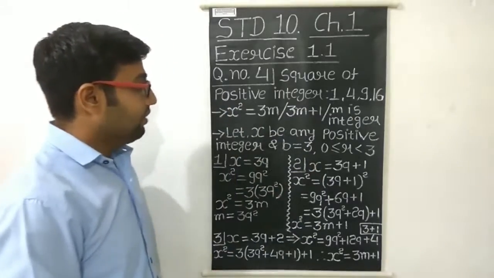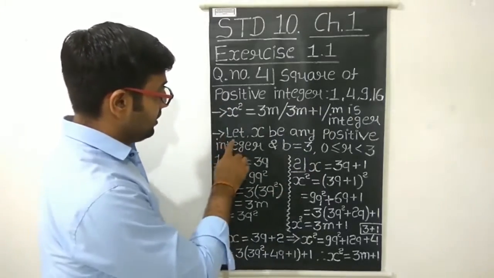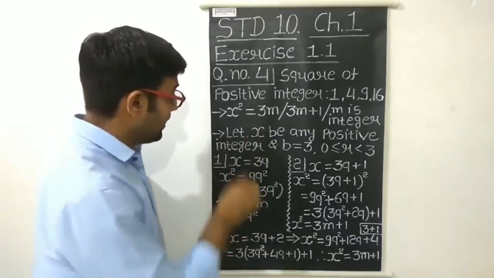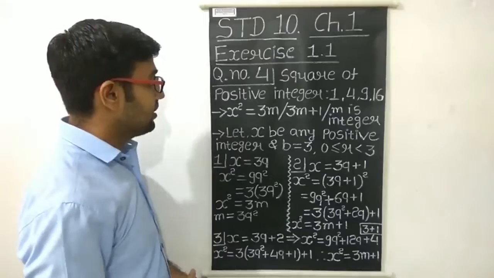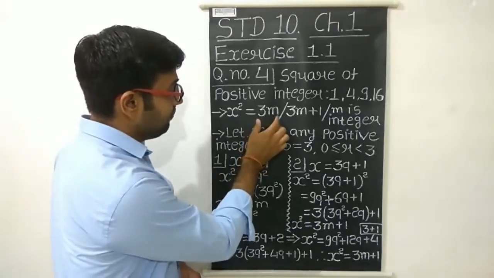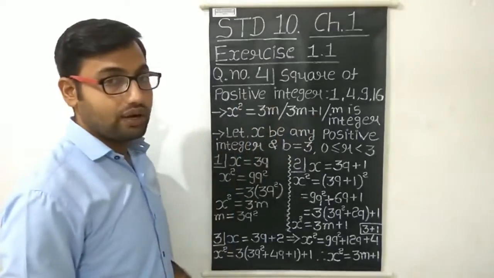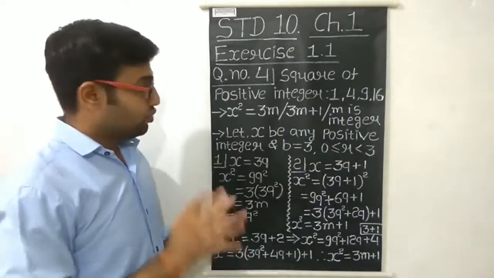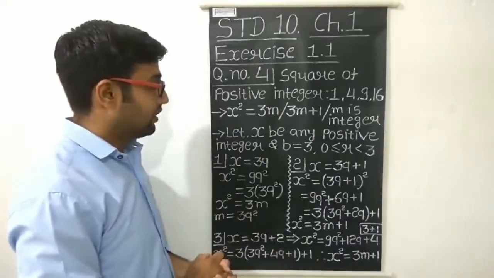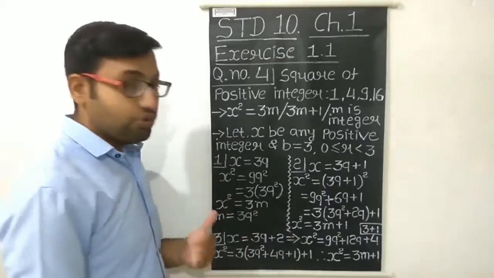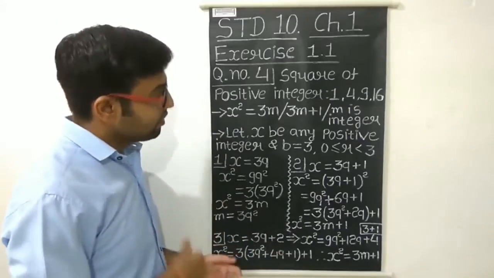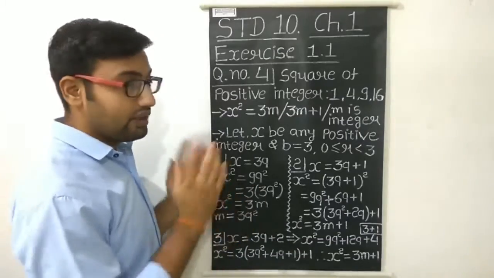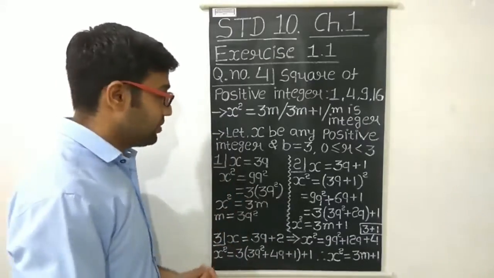Okay, now we have to show that, supposing x is any positive integer, the square of that positive integer is either in the form of 3m or 3m plus 1. And what is m? m is some integer. So now the question is clear, what we have to prove is clear. Let us now proceed to prove what is asked in the question.